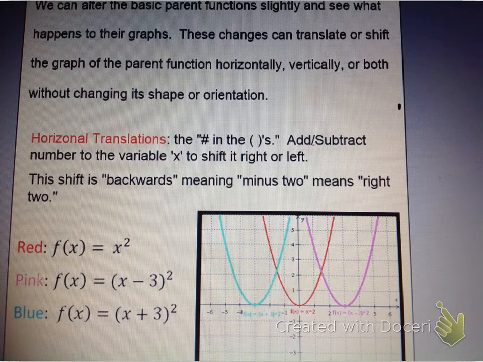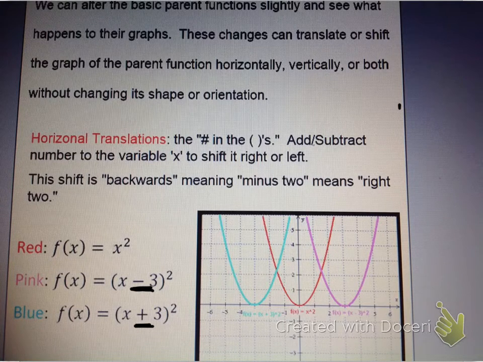If we want to move the parent function horizontally, right or left, what we do is add or subtract from the x. You notice how we have x minus 3 and the negative 3 is in the parentheses with x, so we are subtracting from the x here. In this one, we are adding to the x.